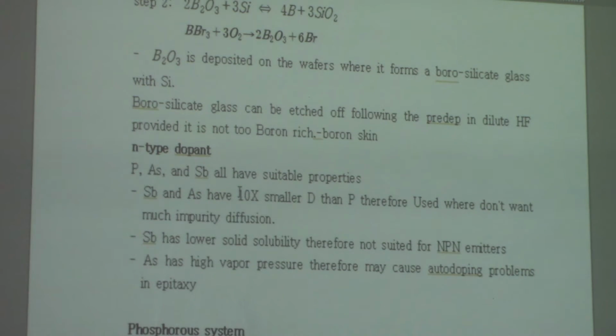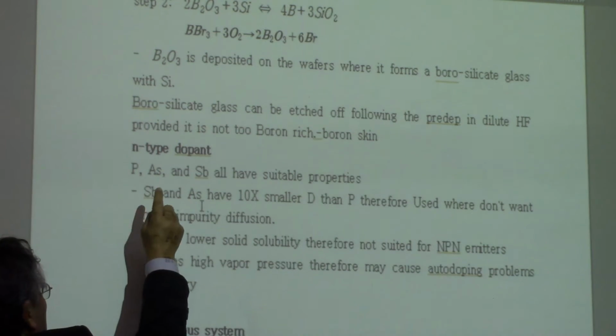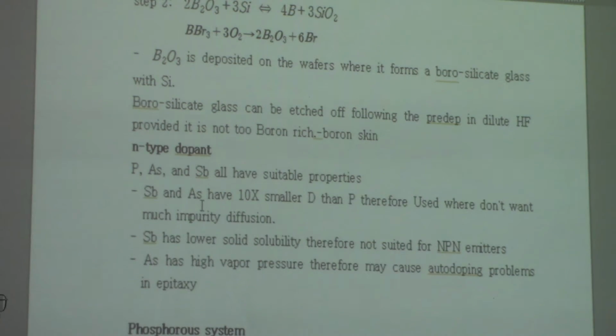Well, for the n-type dopant, on the other hand, we have three elements available. For p-type, only one element, boron, is available, but for n-type we can have phosphorus, arsenic, and antimony.